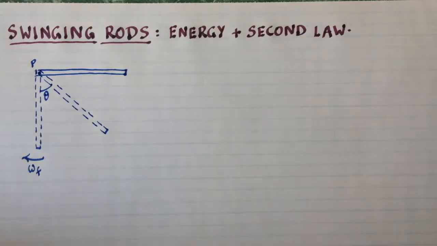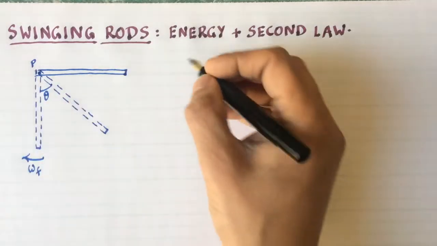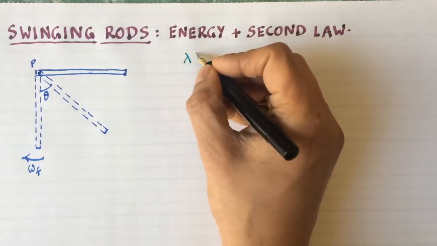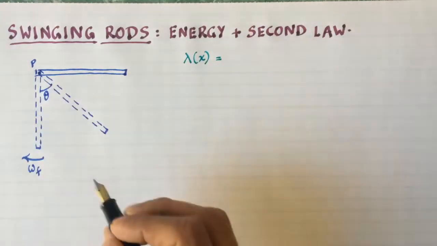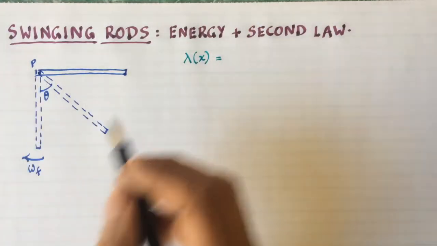Also, I want to make this problem a little more interesting than just a uniform rod. So I'll take this rod to be a non-uniform rod. That means it's got a mass distribution that's not constant.